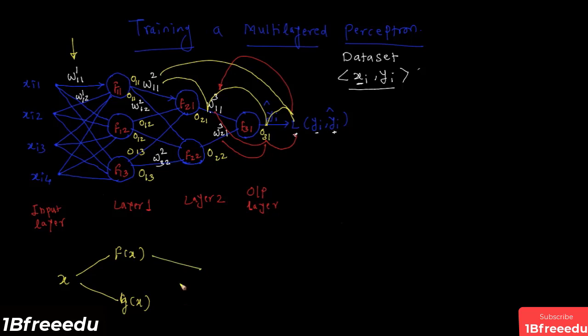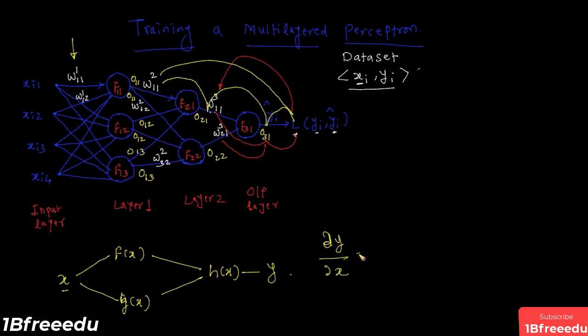Then these are coming into h of x, and this h of x is going into k of x, which I'll call y. So I want to compute dou y by dou x.